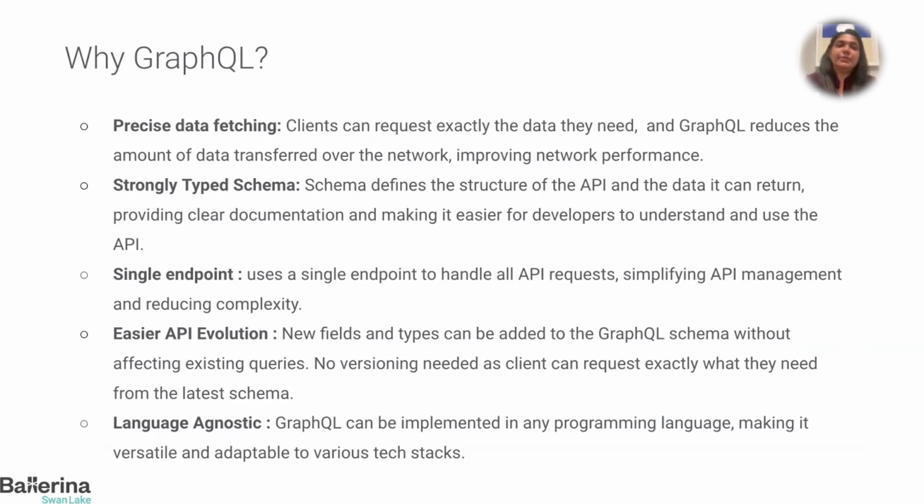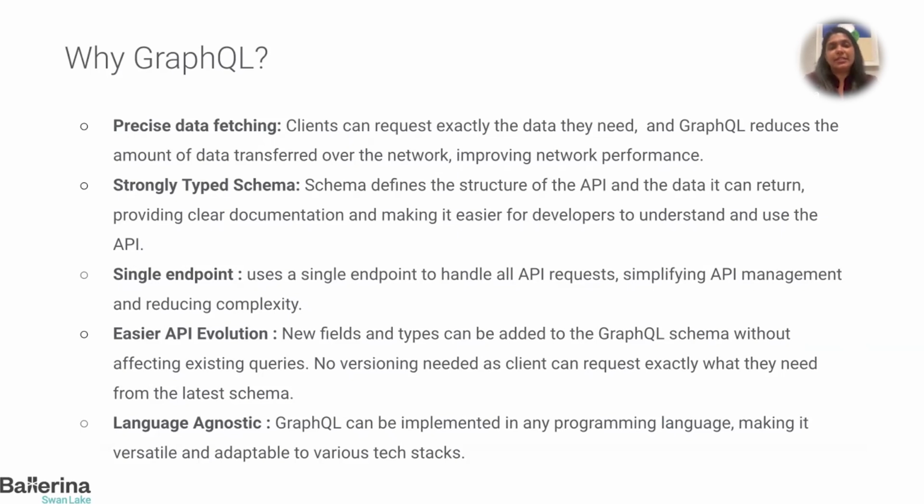And also API evolution. Usually with time, we have to update the APIs, what we are returning and what sort of data types or additional data and things like that. Even with a backward compatible change in the REST world, usually the practice is we have to update the API versions.